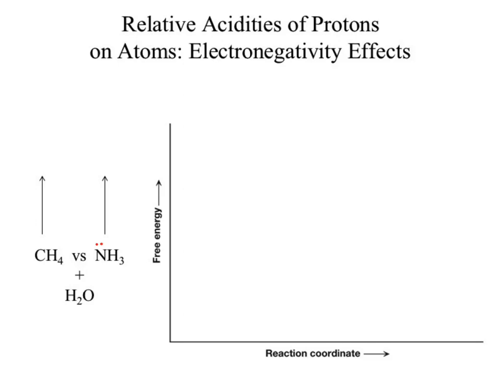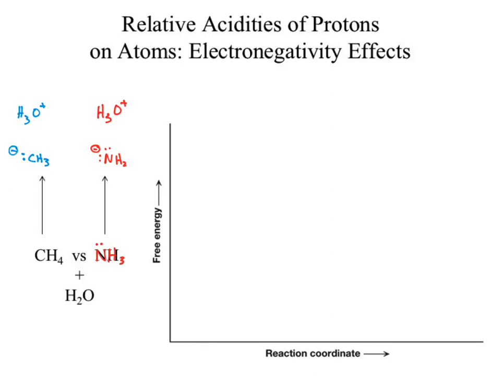We'd end up with CH3 minus, with a lone pair, negative, and H3O plus. What happens if we go through and look at the ammonia, or NH3? What do we get? NH2 minus. NH2, two lone pairs, negative charge, plus our H3O plus.